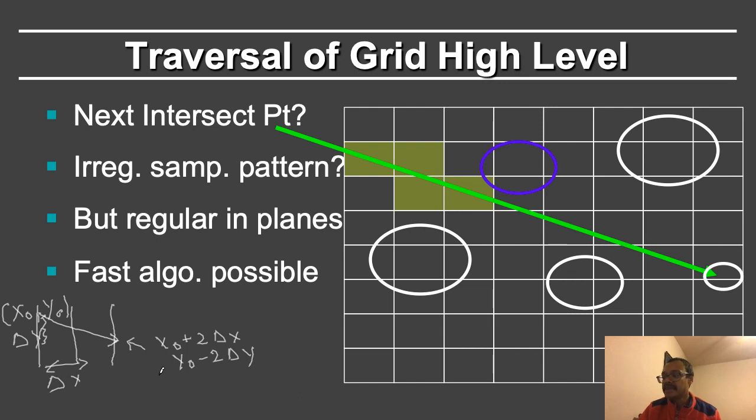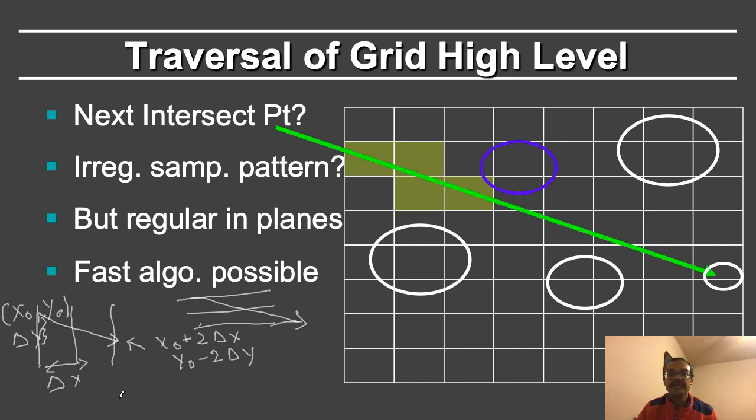Similarly, if we consider the horizontal lines themselves, then again the point is moving in a very regular pattern and you can find these intersections. The challenge here is that you are considering grid intersections along both the vertical grid lines and the horizontal grid lines. The way in which you handle that is you sort the intersections.